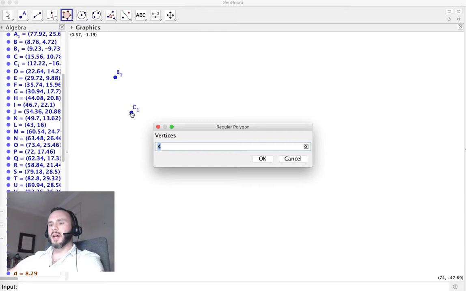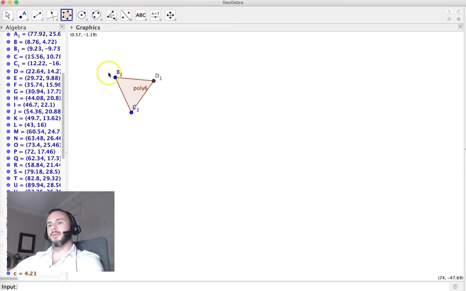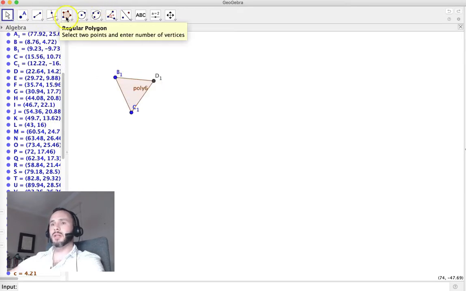So if I have 3 vertices, I have this, okay? So we already know that each of these angles is going to be 60 degrees, right? Because it's an equilateral triangle, 60, 60, 60 has to be 180 right there. Okay, so each of the angles has to be the same.